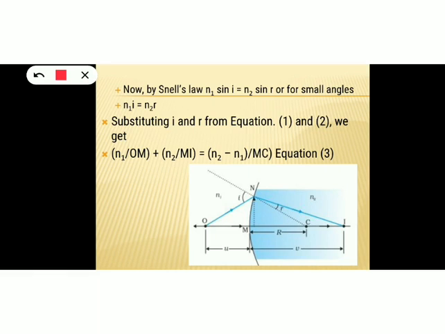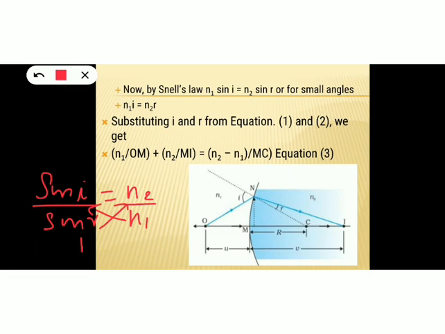We know as per Snell's law, sin I by sin R is equal to n21, and n21 can be written as n2 by n1. Just cross multiply. After cross multiplication you will get n1 sin I is equal to n2 sin R, isn't it?